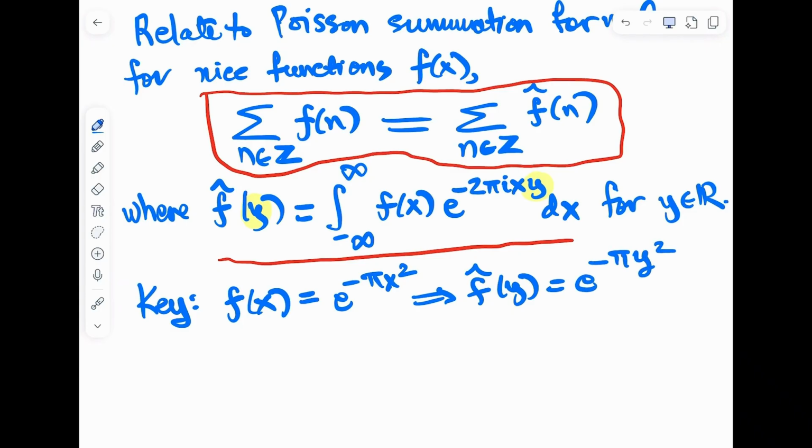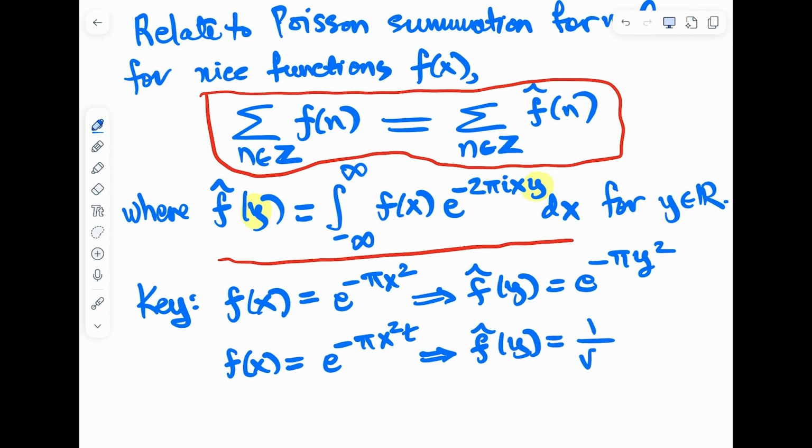And from this property, you can derive that if your function is e to the minus pi x squared t, then its Fourier transform is 1 over root t times e to the minus pi y squared over t.